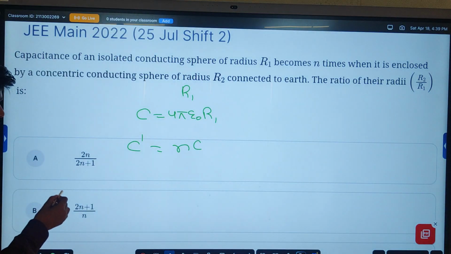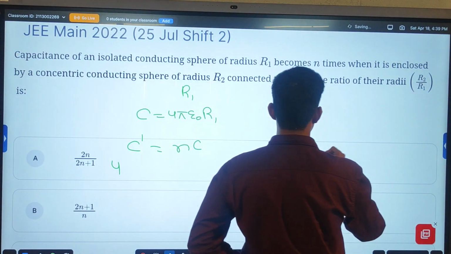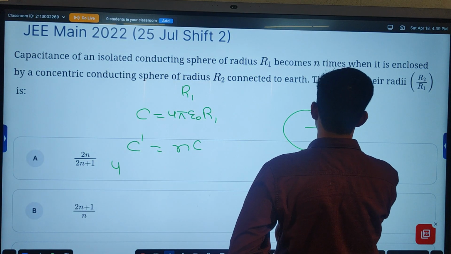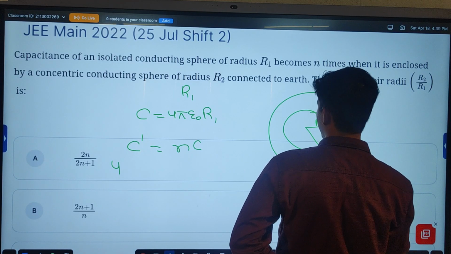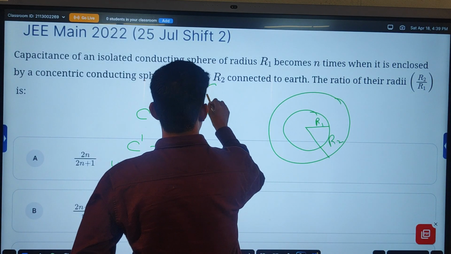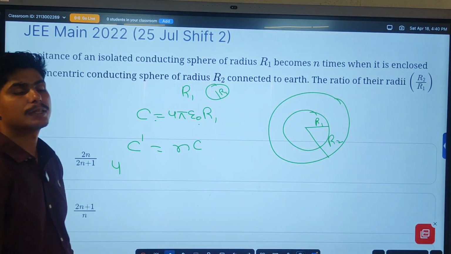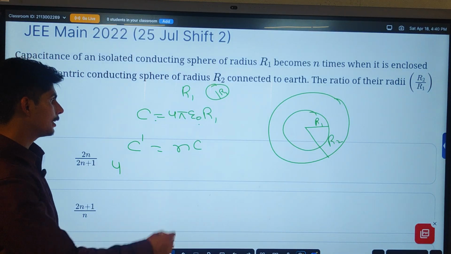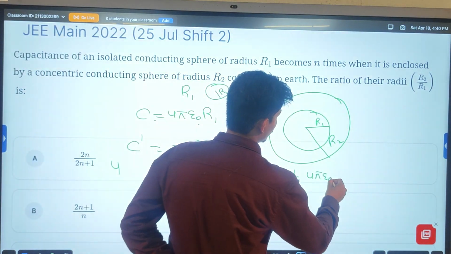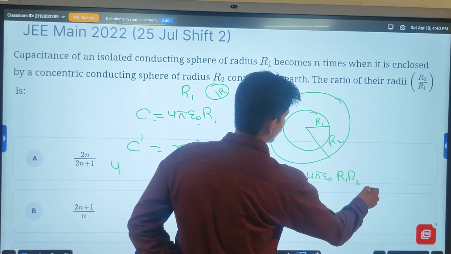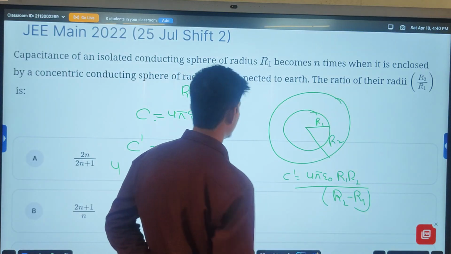So I can write the capacitance of the concentric shells. This is shell 1 which has radius r1, and this one is the second shell which has radius r2. The capacitance of radius r1 will be C is equal to 4 pi epsilon naught r1. In this case C dash can be written as 4 pi epsilon naught r1 r2 upon r2 minus r1, right?